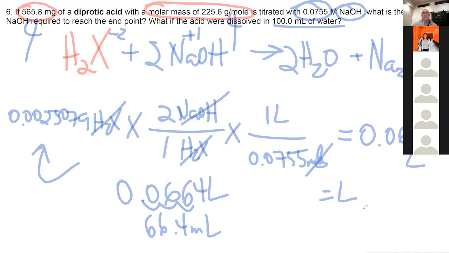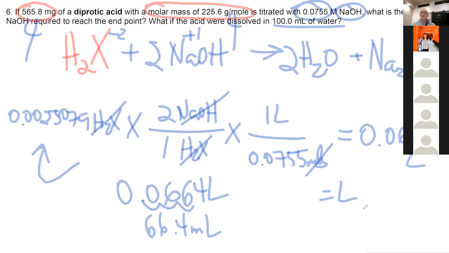So that's why the molarity changes, because we're dividing moles by volume. So the volume can change all over the place, but the number of moles doesn't change. If I was to dissolve the acid in 10 mils of water, or 20 mils, 50 mils or 100 mils of water, the number of moles of acid does not change.